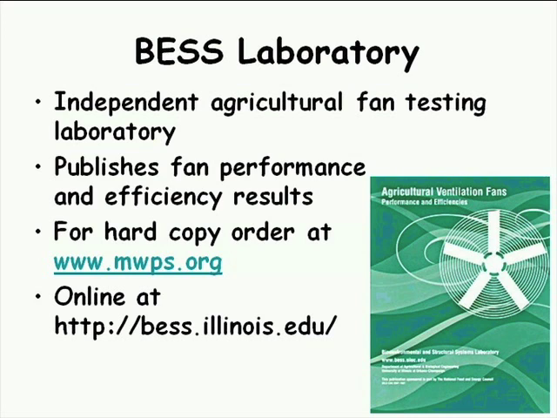The BESS Lab at the University of Illinois is an independent lab that conducts agricultural fan tests and publishes the results. You can get a hard copy by going to the Midwest Plan Service at www.mwps.org, or you can go visit online at the website there for the BESS Lab at the University of Illinois.